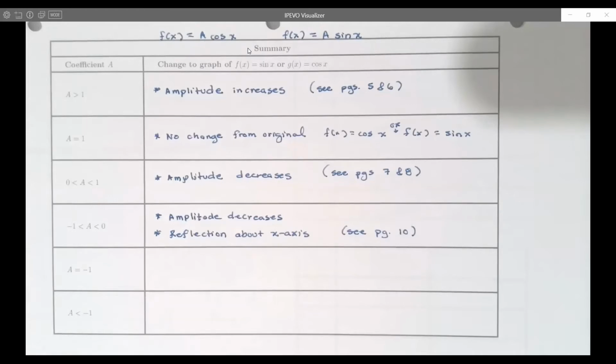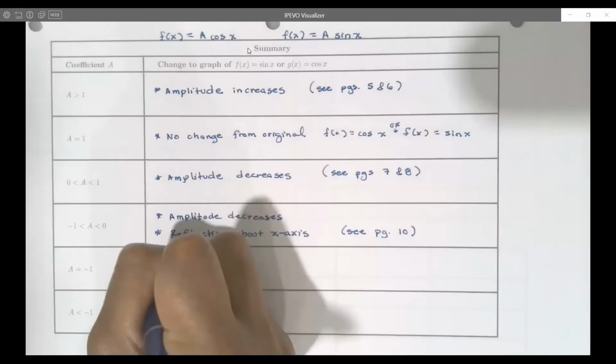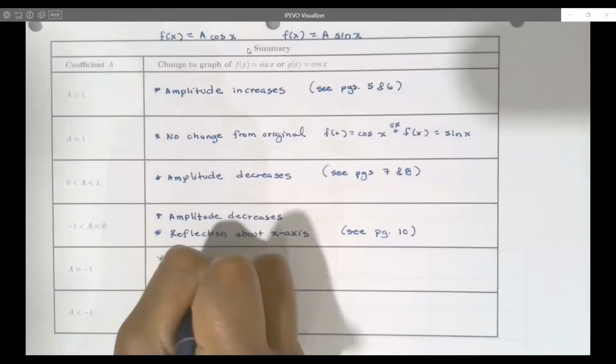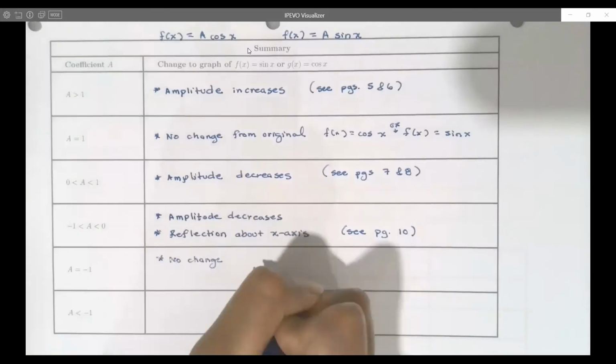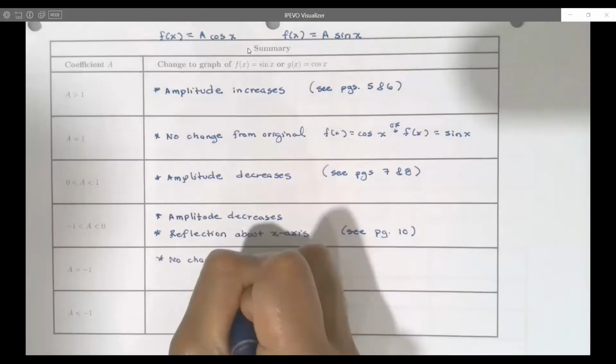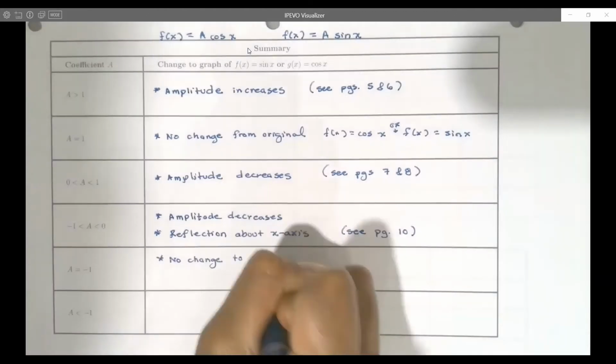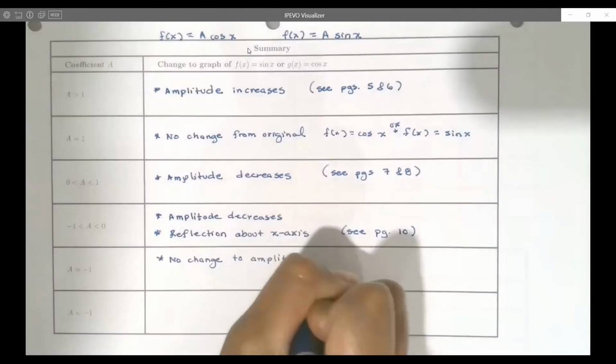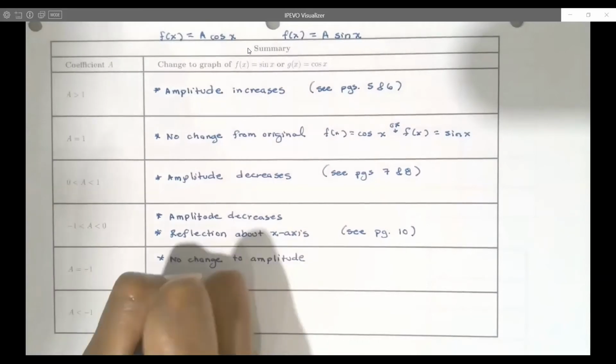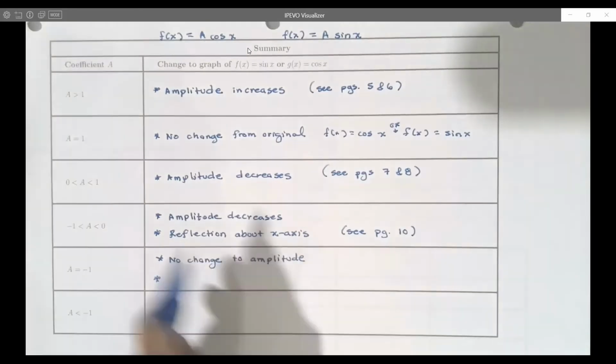Well, it'll be no change to the amplitude, right? So no change to amplitude, but a reflection about the x-axis. Exactly, very good. So no change to the amplitude, that's not growing or decreasing, it's still 1, but there will be a reflection because of the negative.